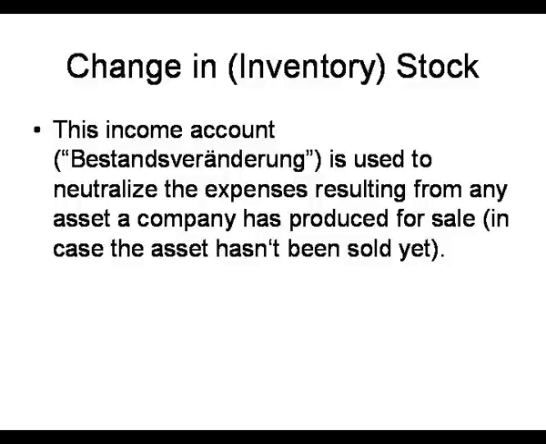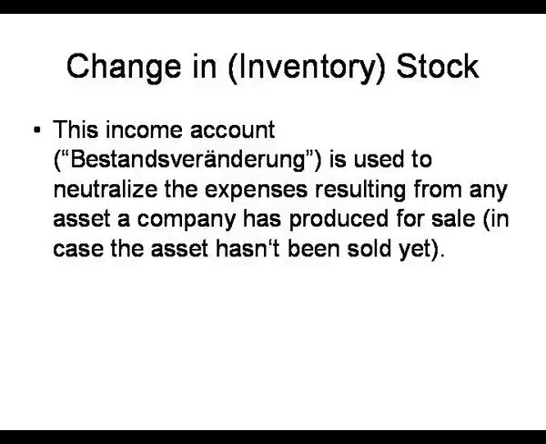And the first of these accounts is called change in stock, or if you want to be particularly specific, change in inventory stock. The German translation is Bestandsveränderung, and this income account is used to neutralize the expenses that result from producing an asset but not selling it yet.